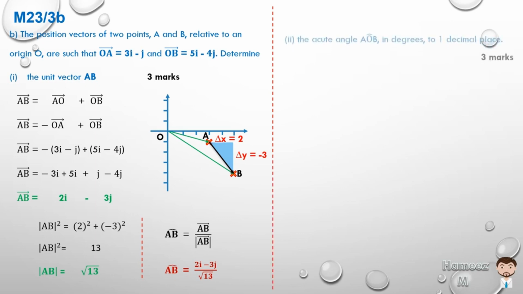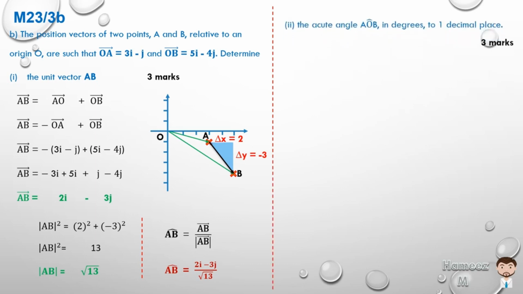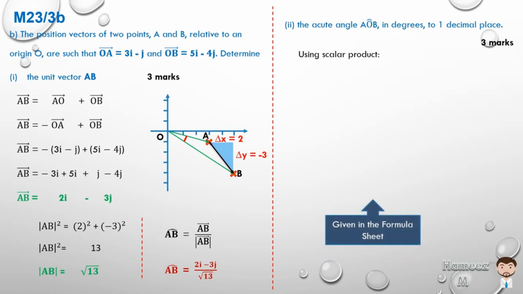Part 2. Determine the acute angle AOB in degrees to 1 decimal place. So let's bring up a little red arc to show AOB. We're going from A to O and then O to B. If we're using the scalar product, remember that to get that red angle, either both vectors will be going in to meet at O, so it'll be AO dot BO, or we can use both vectors coming out of O, so OA dot OB.